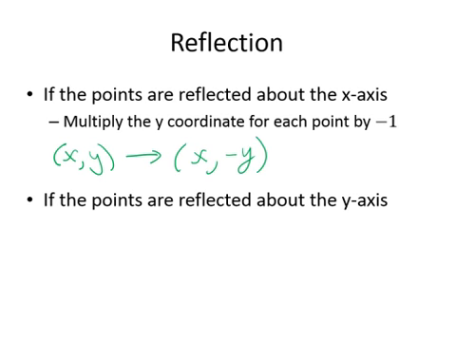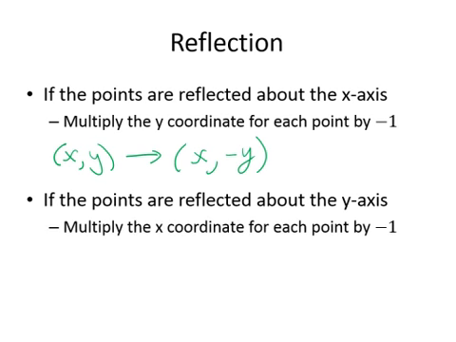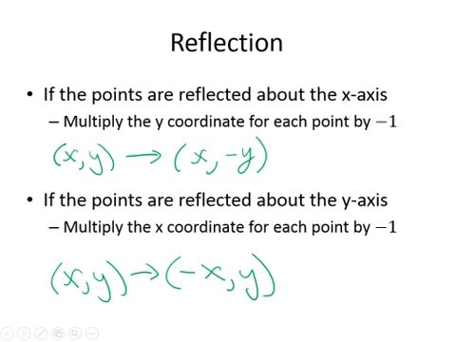Now, if you're reflecting around the y-axis, the x is going to be the one that changes. If you originally have (x, y), reflected around the y-axis would be (-x, y). And that would be your new point. So when you're reflecting around the x-axis, the y is changed.